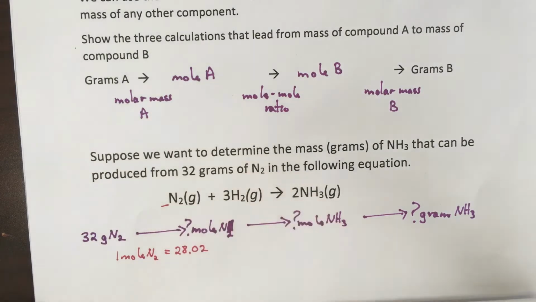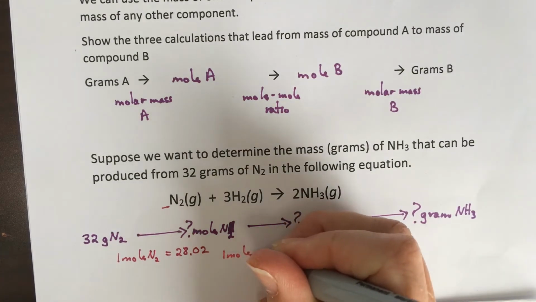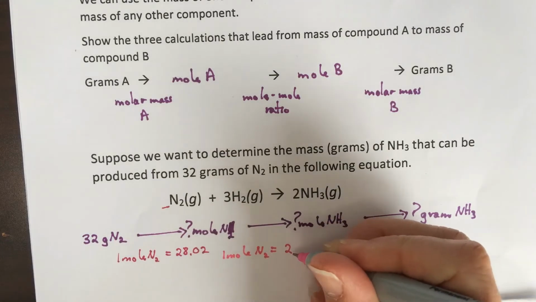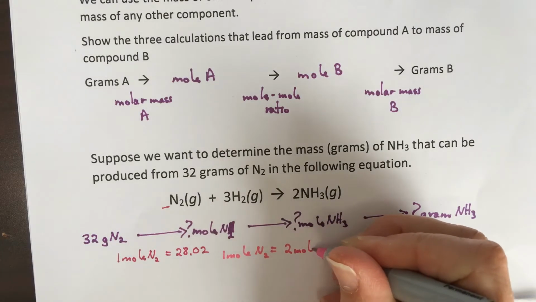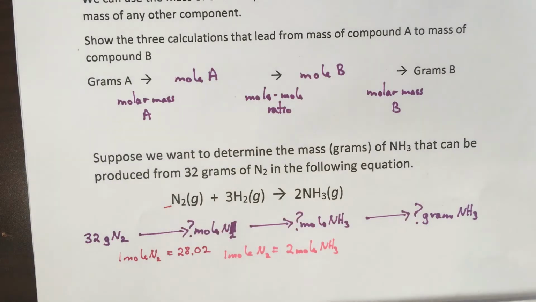So I'll use a different color: 1 mole of nitrogen is going to equal 2 moles of ammonia. And lastly, we'll get a red out.